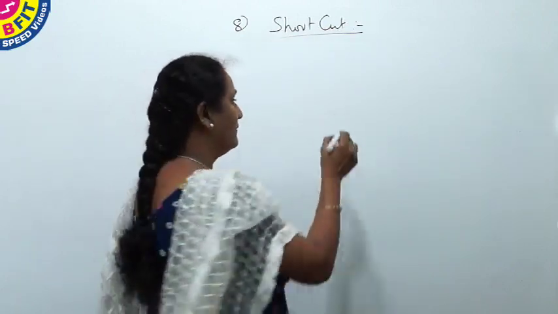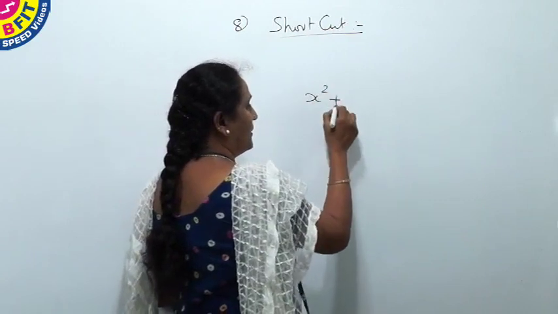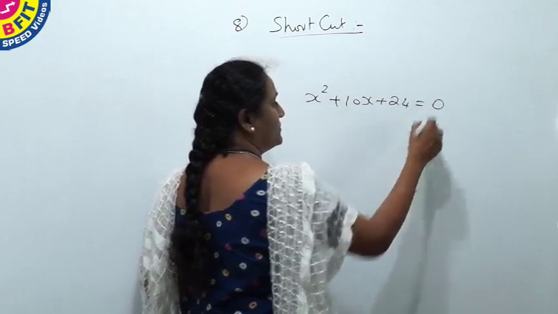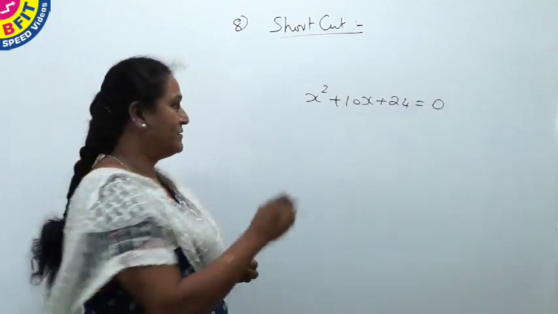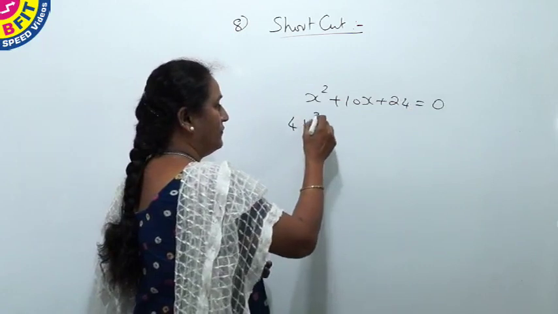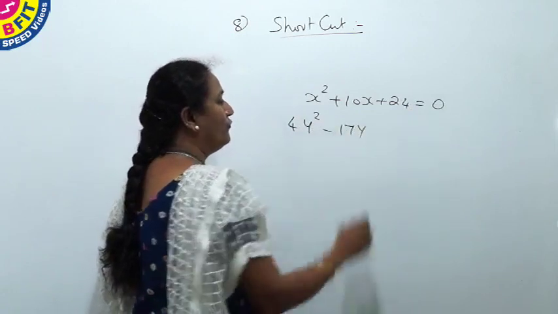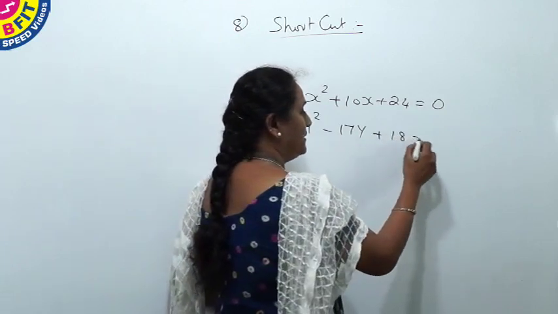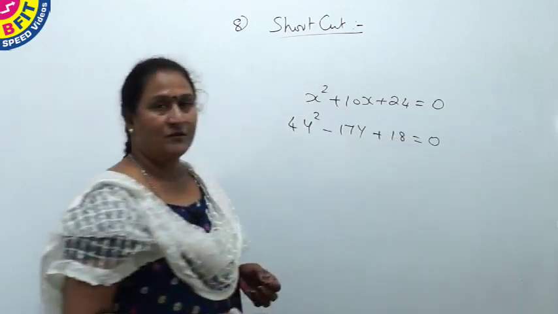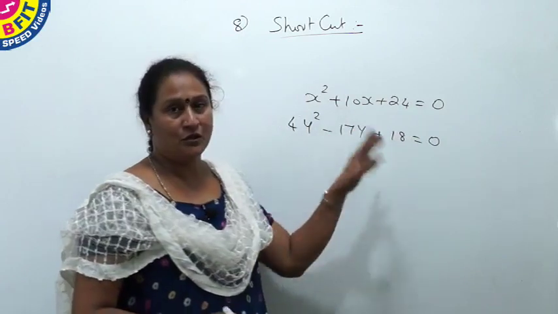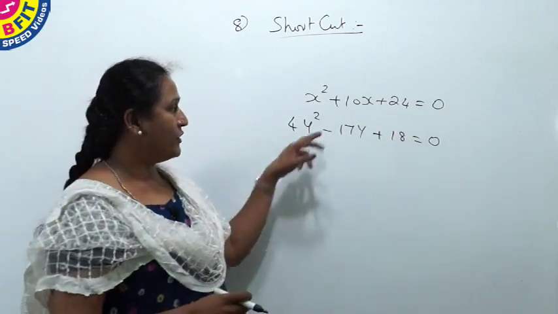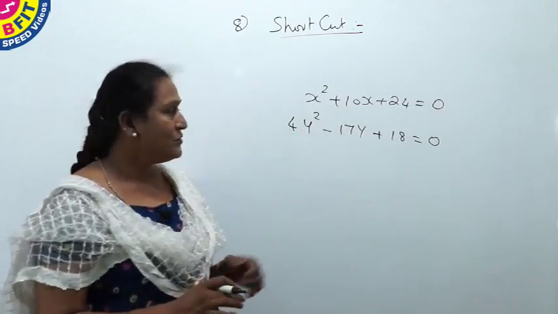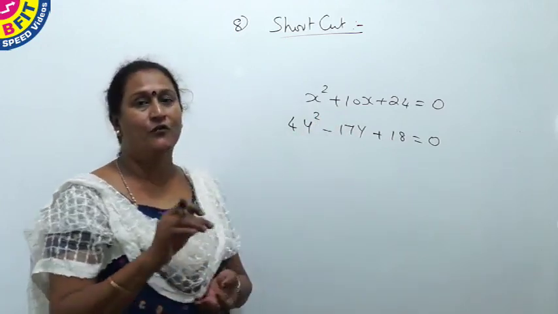Here we have x square plus 10x plus 24 equal to 0, and the other one is 4y square minus 17y plus 18 equal to 0. Whenever both constants are positive and the coefficient of x and coefficient of y are one positive and one negative, without working itself you can go for the option.